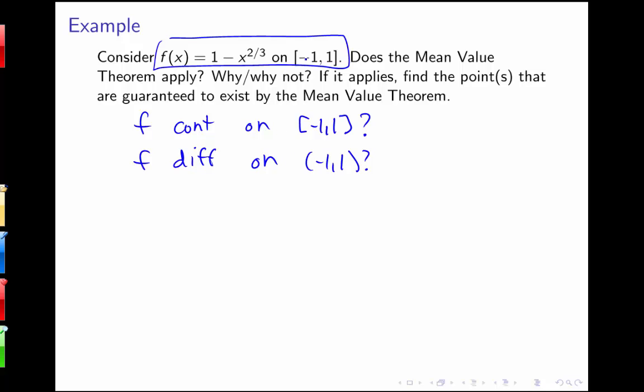So when I consider continuity, I look at this function. I've got 1 minus x to the 2/3. The domain of that function would be all real numbers, because I'm going to square something here, and I can always take even the odd root of something. So yes, it's continuous, since its domain is all real numbers and it's continuous on the domain.